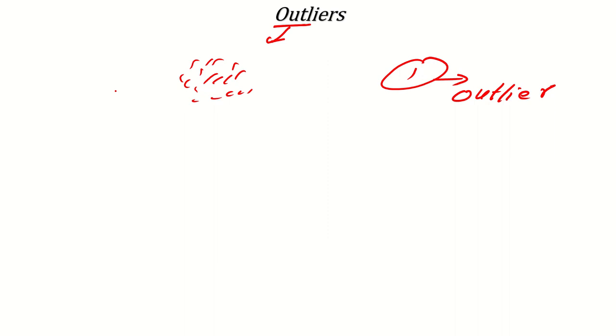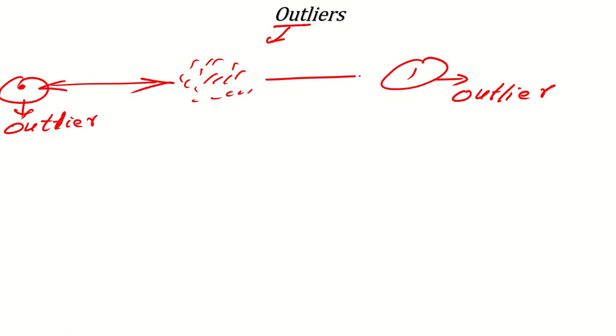Similarly, it can be before also. If one student is sitting here, then this is also an outlier. It is not like we just see that some distance is there and then say this is an outlier. No, there is a proper method to find the outlier.